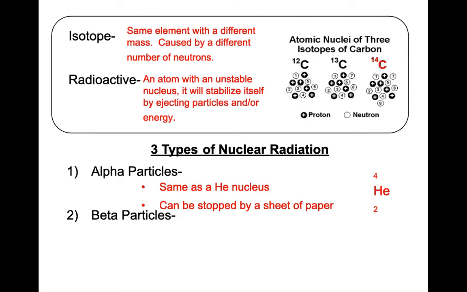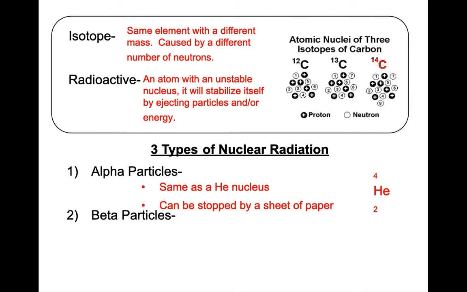The number on the bottom is the atomic number, 2. The number on top is the atomic mass of this particle. So when an atom breaks down through what we call alpha decay, it emits or sends out an alpha particle. Okay? And that alpha particle is the helium nucleus.